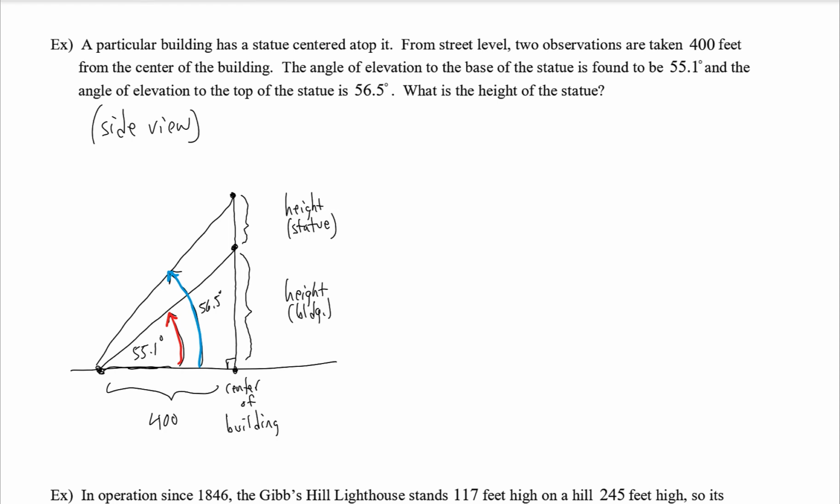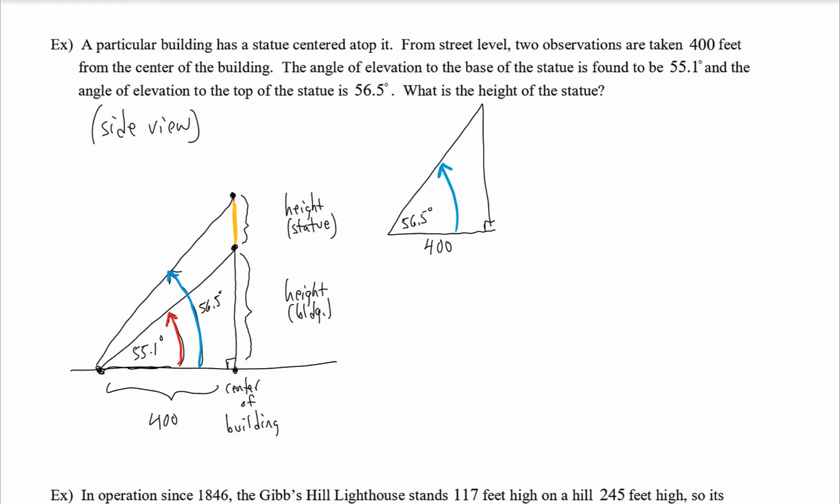All right. What is the height of the statue? So what I desire is this right here, the height of that statue. So I'm going to do two right triangles. I'm going to do a big right triangle. The big right triangle would be 56.5 degrees, this one. And then this is 400.